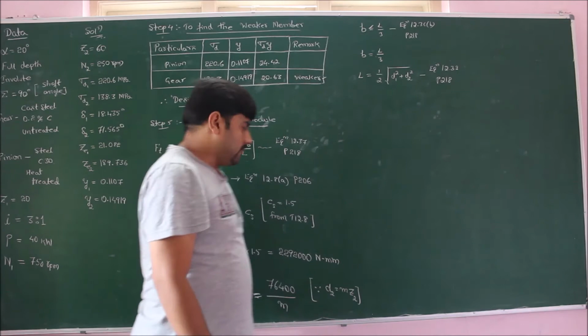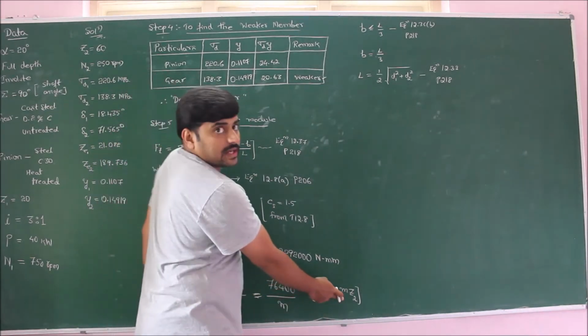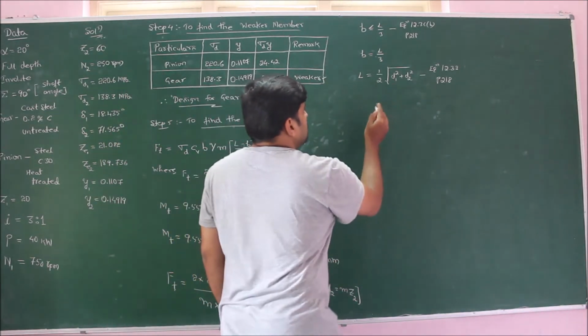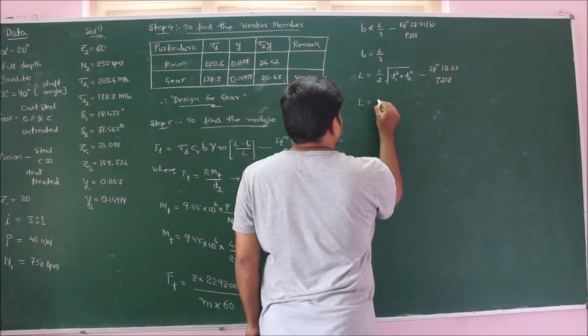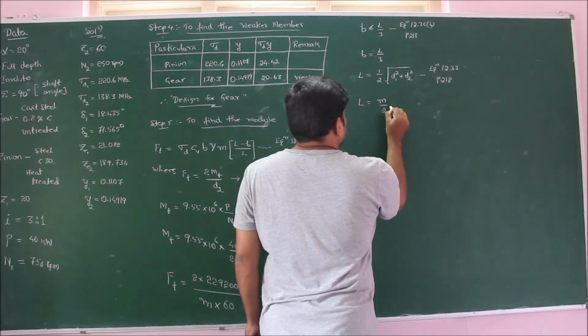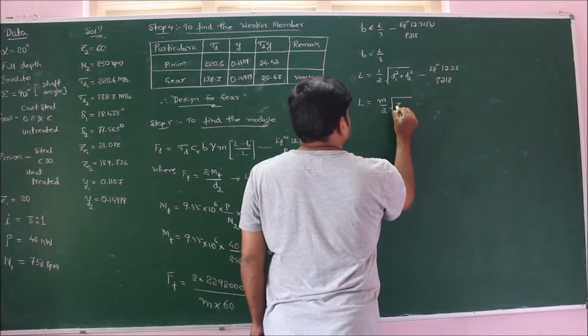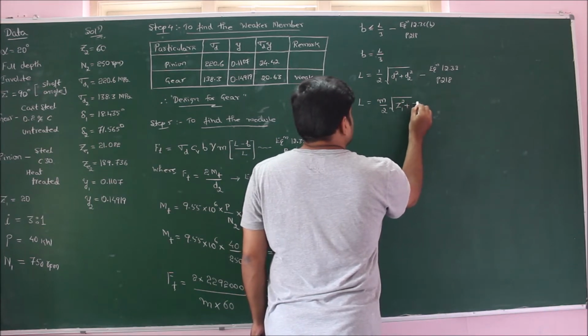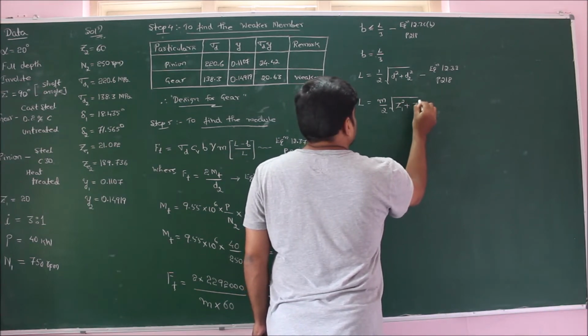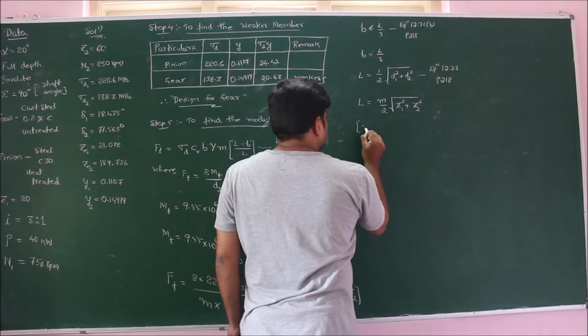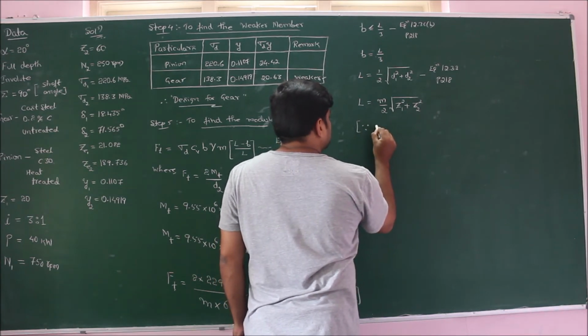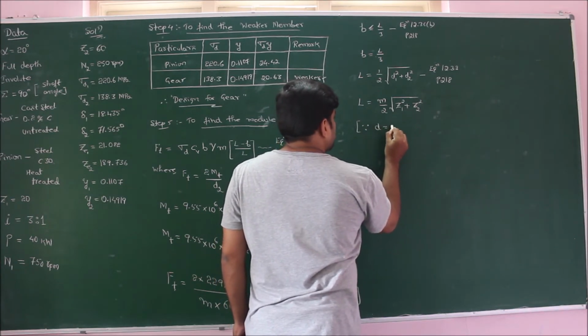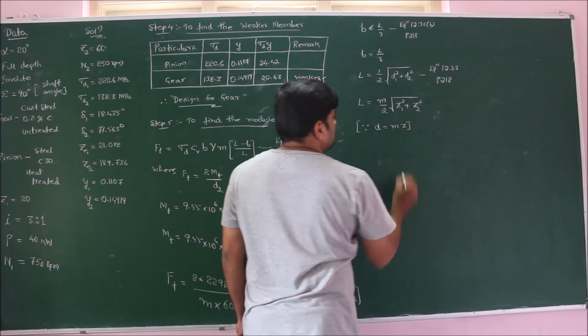Now we know the value of d is equal to mz. So replacing and solving, I get L is equal to m by 2 times square root of z1 square plus z2 square. This is because we know that d is equal to m into z.